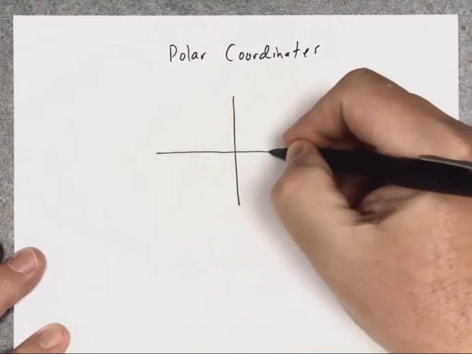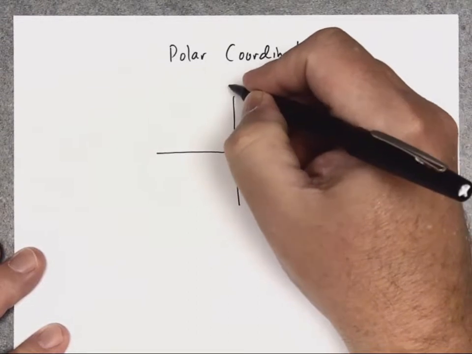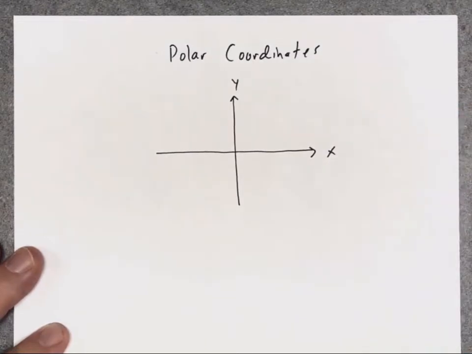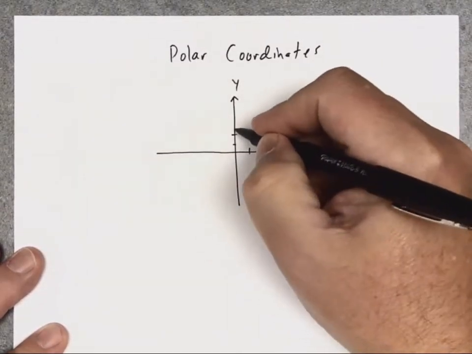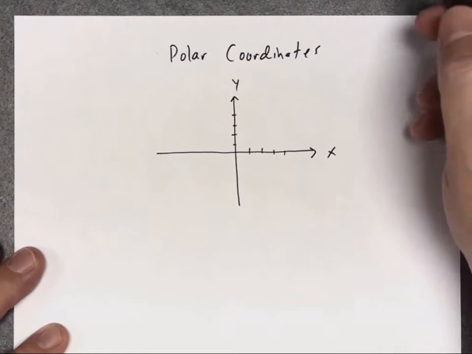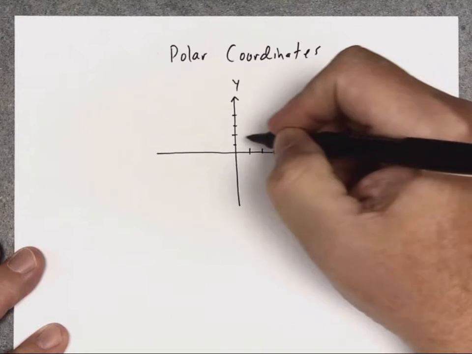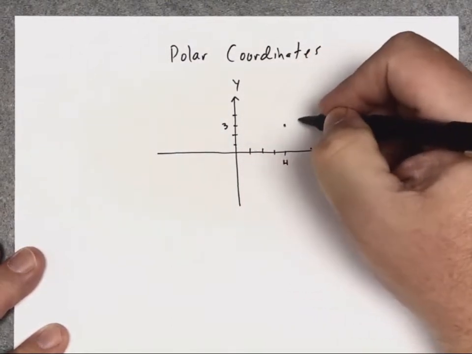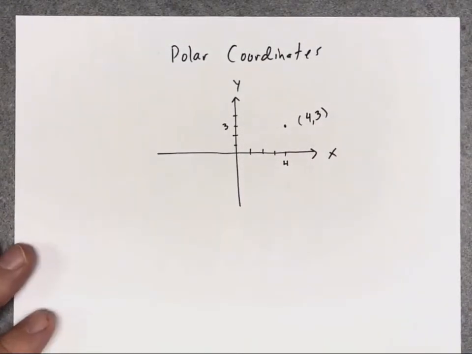Normally in Trig, we of course deal with the x and y axis, and even in Trig, we oftentimes will say if I want to plot the point 4, 3, I go 4 on the x-axis and 3 on the y-axis. And there's my point 4, 3.